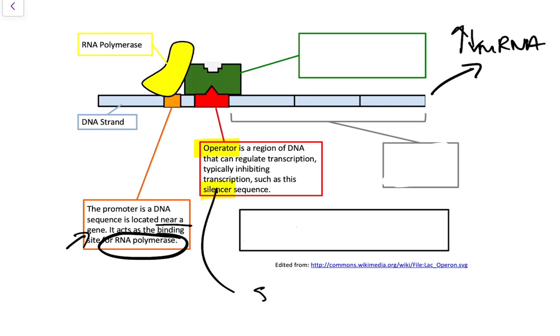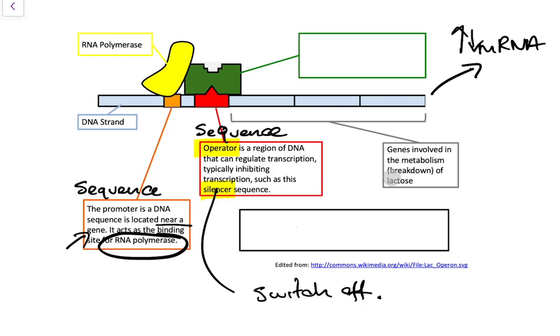To silence means to switch off. The operator is just a sequence of DNA. Just like the promoter was a sequence in the DNA that's recognized, this is a sequence that can be recognized, and it's near to the rest of the gene. So this is the gene, the information there for making lactase.